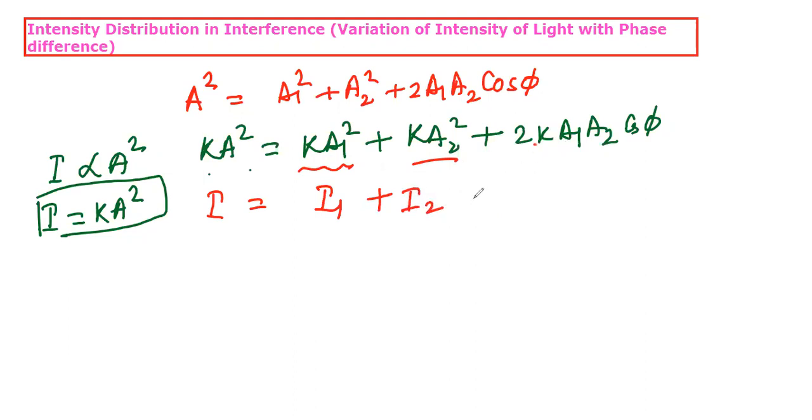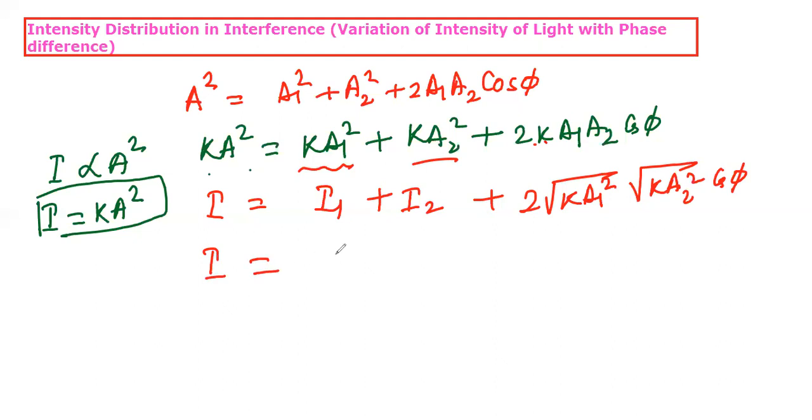Now for this last part, what can I write? I can easily write twice root over of K A1 square times K A2 square, and this is cos phi. This is a little bit of mathematical juggling I have done.